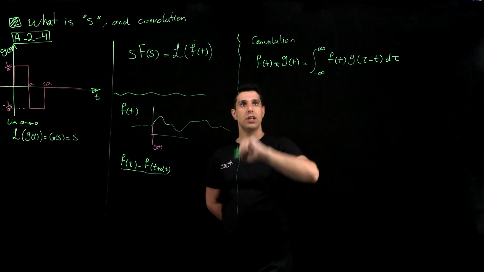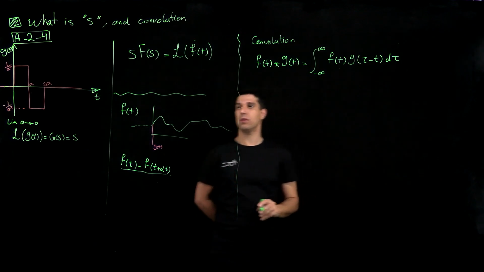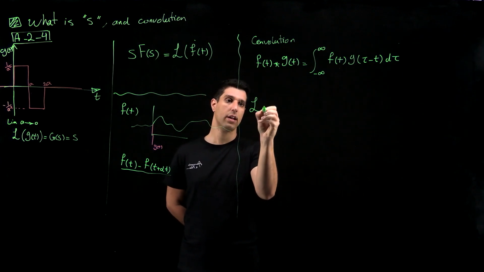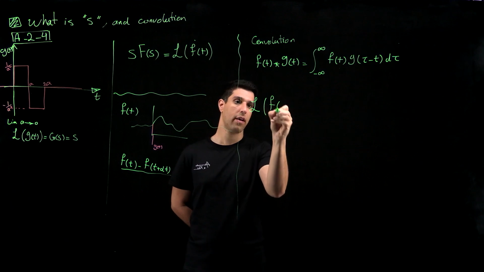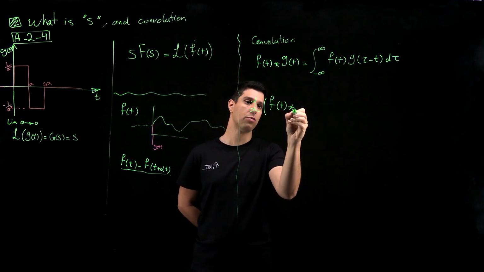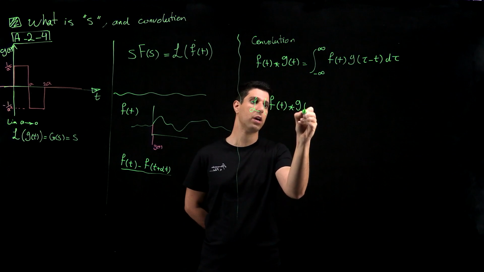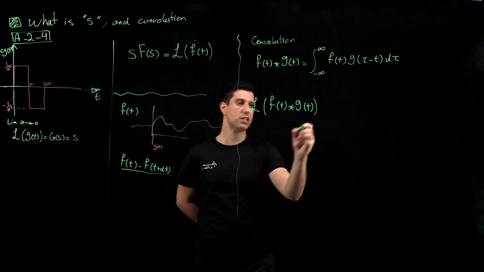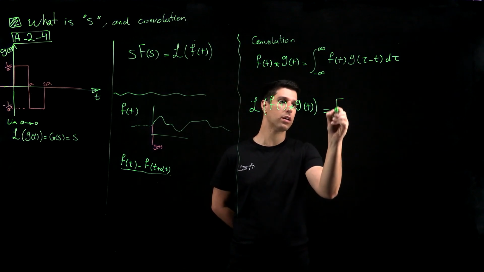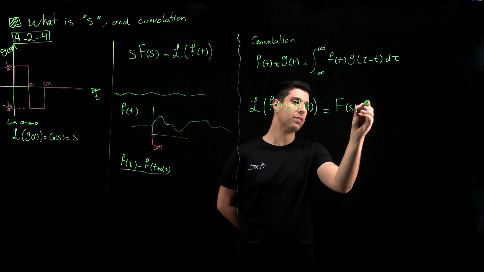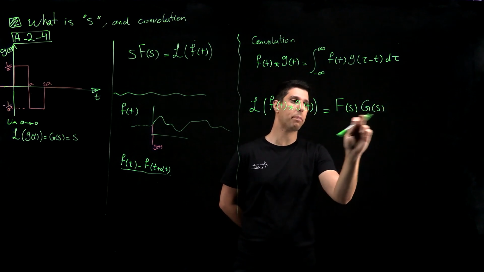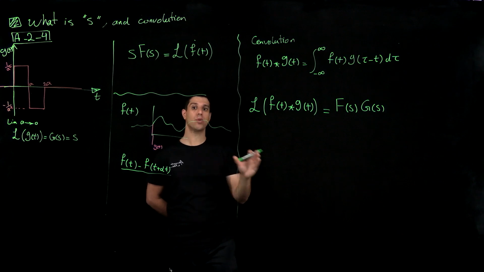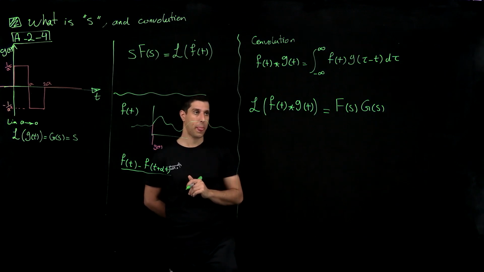And one interesting property of the Laplace transform and convolution is that if you take the Laplace transform of f of t convolved with g of t, it can be very beautifully written as F of s, G of s: the product of the two Laplace transforms of the individual functions.